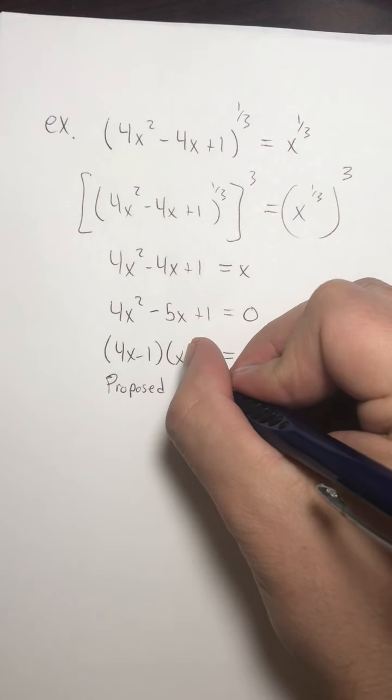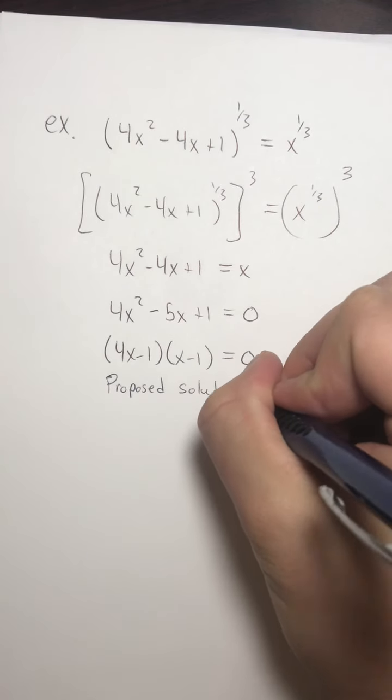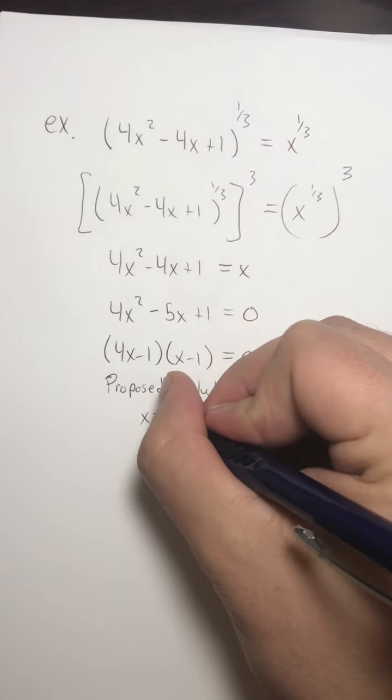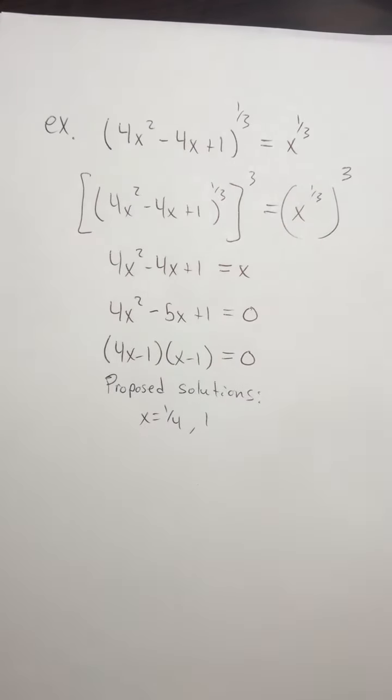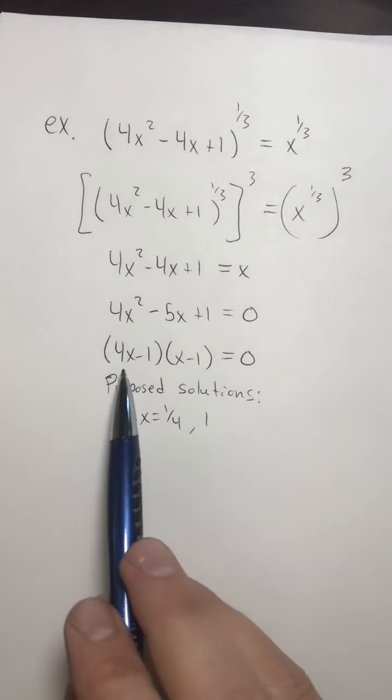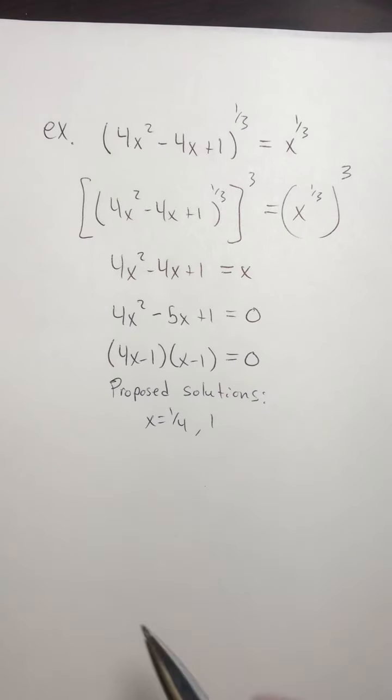So on this one, the proposed solutions are going to be the solutions because we don't have domain errors anywhere. So x equals 1/4 and x equals 1. Solving from here.